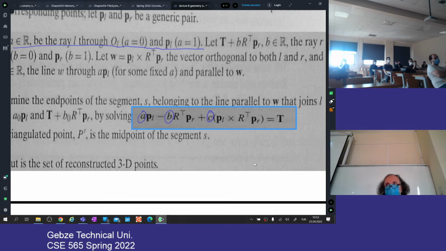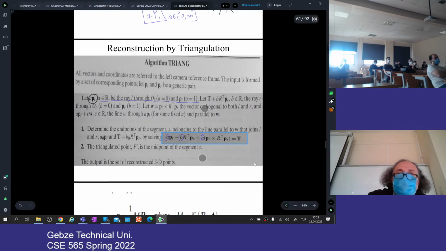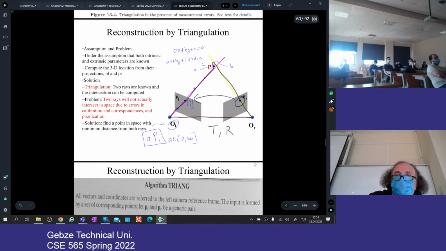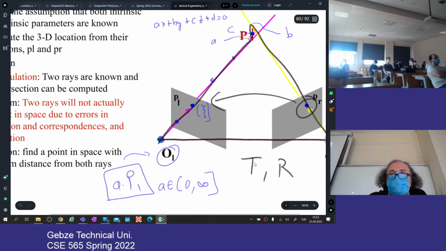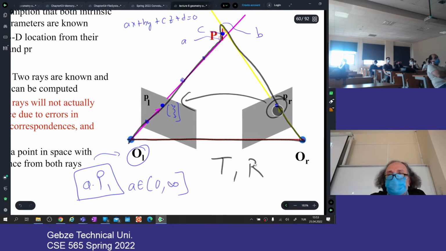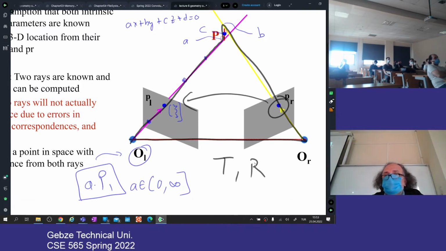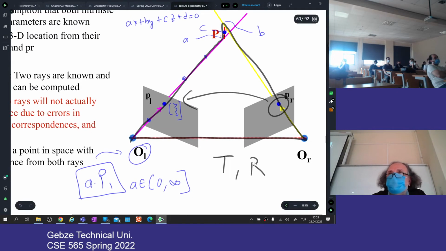Other corresponding points? Well, I am not going to solve the fundamental matrix or anything. I am trying to say that if PL corresponds to PR, what is the depth of this point P, or the XYZ point of this P? I am not talking about any other point, just one point.